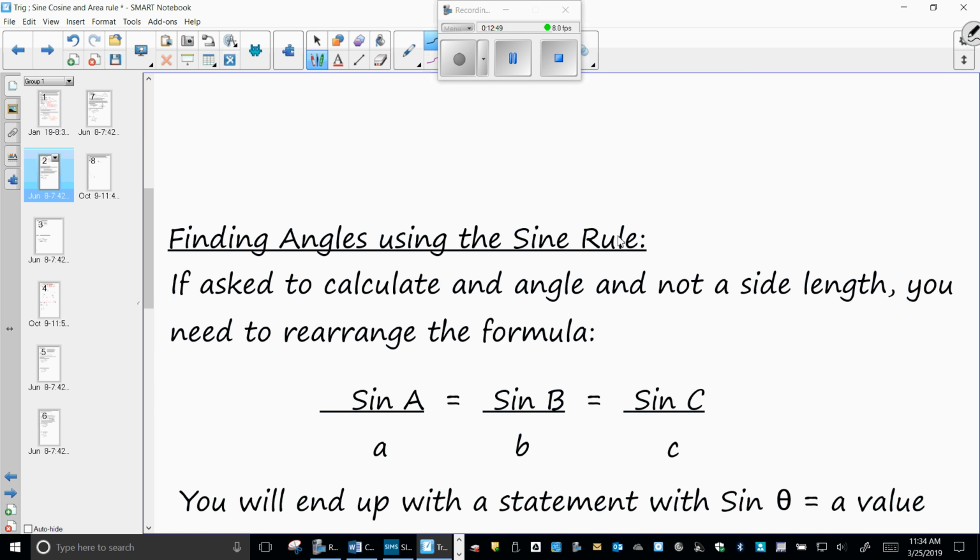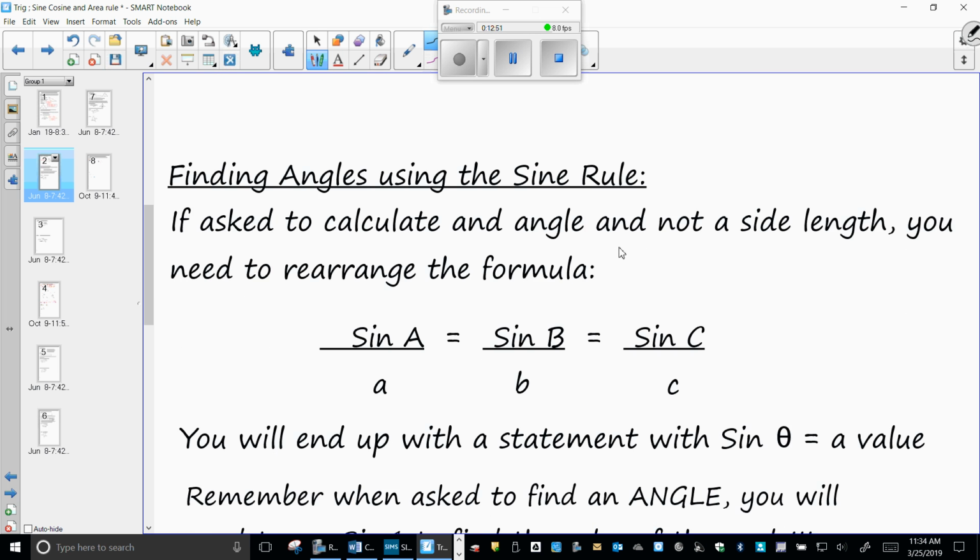Now we're finding angles using the sine rule. It's angle over length. So you do not get given this version. This is just the opposite of the other.